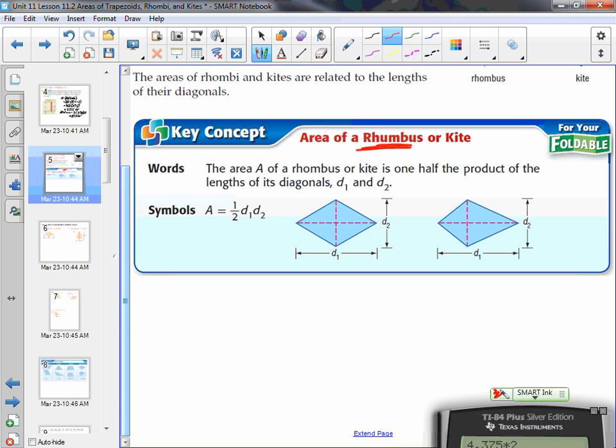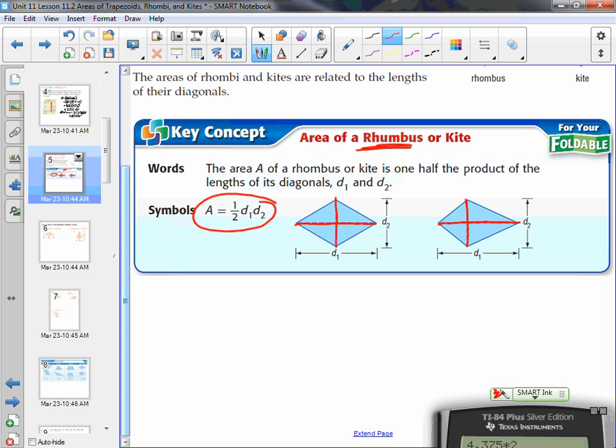It also works that the area of a rhombus is 1/2 times the length of one of the diagonals times the length of the other diagonal. And surprisingly enough, at least it is to me, that same formula works for a kite. 1/2 times the length of one diagonal times the length of the other diagonal.